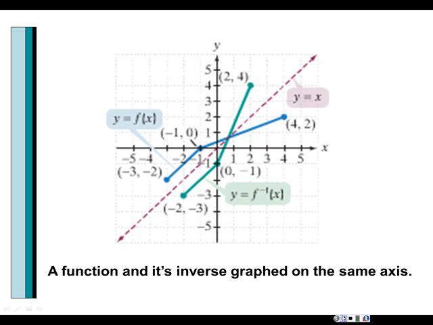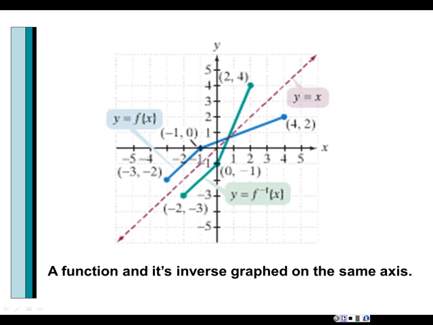Same example is here. Look at that red line. The red dotted line is the y equal to x line. Let's say there is a curve for the green line. If the green line has an inverse, that must be like the blue line.